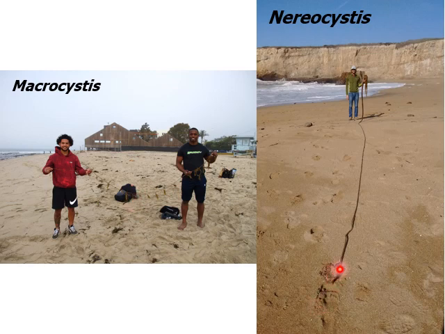Whereas Nereocystis, the bullwhip kelp, has one thicker stipe. It has just one nematocyst at the top and then a set of blades at the top. Right, so that's how the two are different. So Macrocystis giant kelp has many blades, many nematocysts in a thin stipe, whereas Nereocystis has a thicker stipe, just one nematocyst, and then blades only at the top.